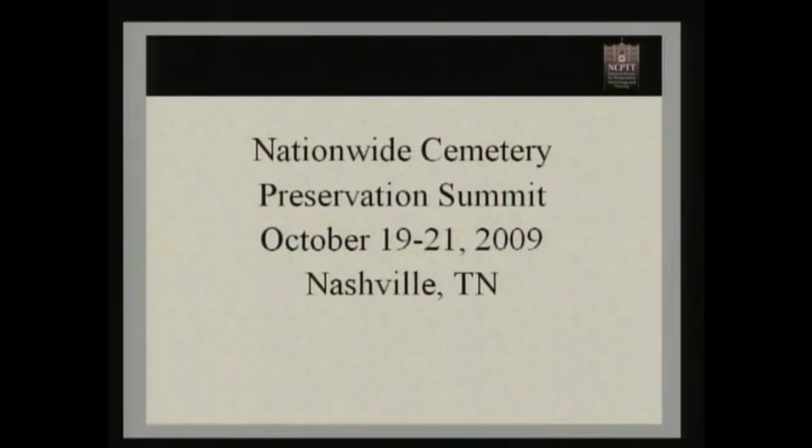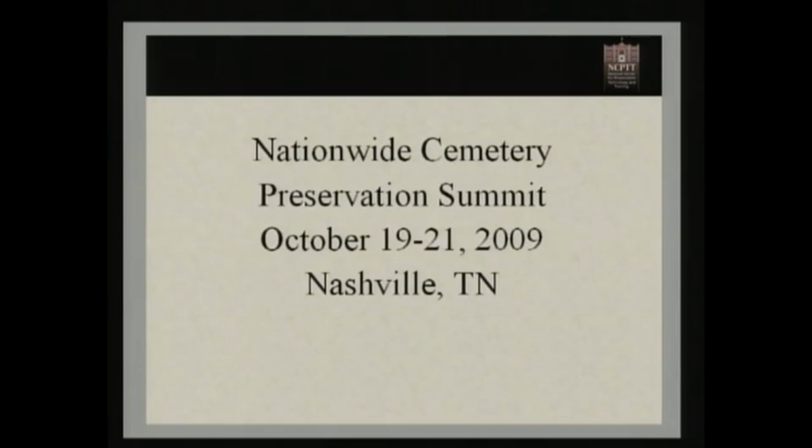Okay, if there's more questions at this time, we'd like to also tell you a little bit about an upcoming event that many of you may be interested in. NCPTT is organizing and hosting a nationwide cemetery preservation summit. This is October 19th through the 21st in Nashville, Tennessee. You can find more information about this and also register for this on our NCPTT website.